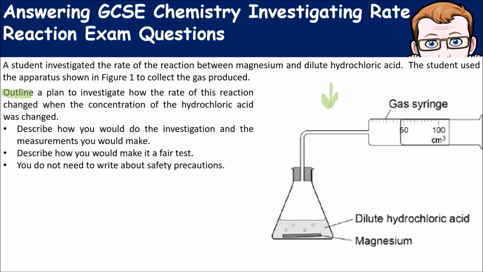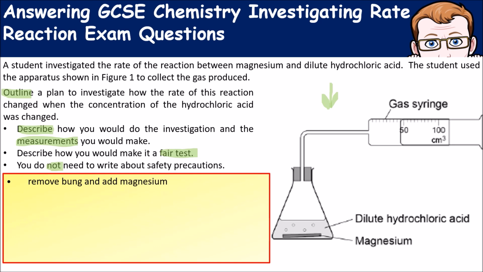It wants you to describe how you would do the investigation, and most importantly the measurements that you would make. Describe how you would make it a fair test, so that's talking about control factors. It says you don't need to talk about safety precautions, so don't waste time in the exam talking about things you're not going to get marks for.